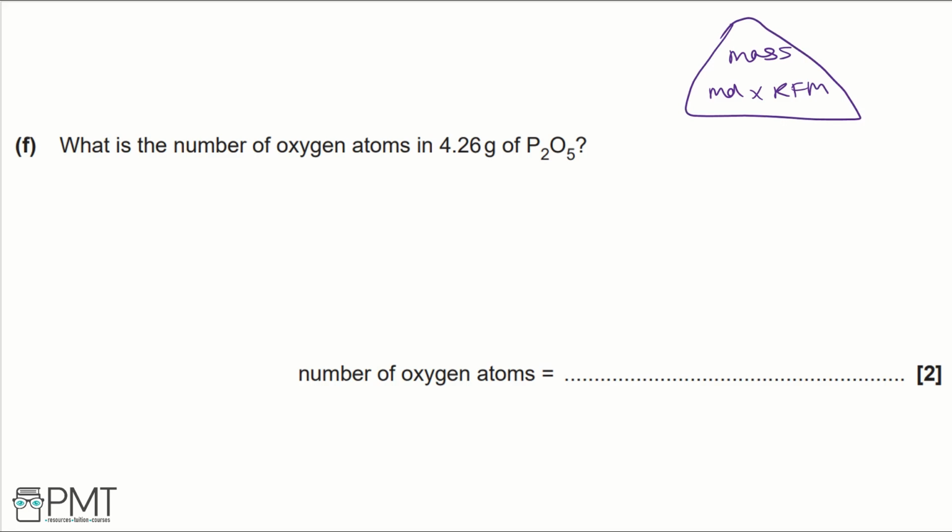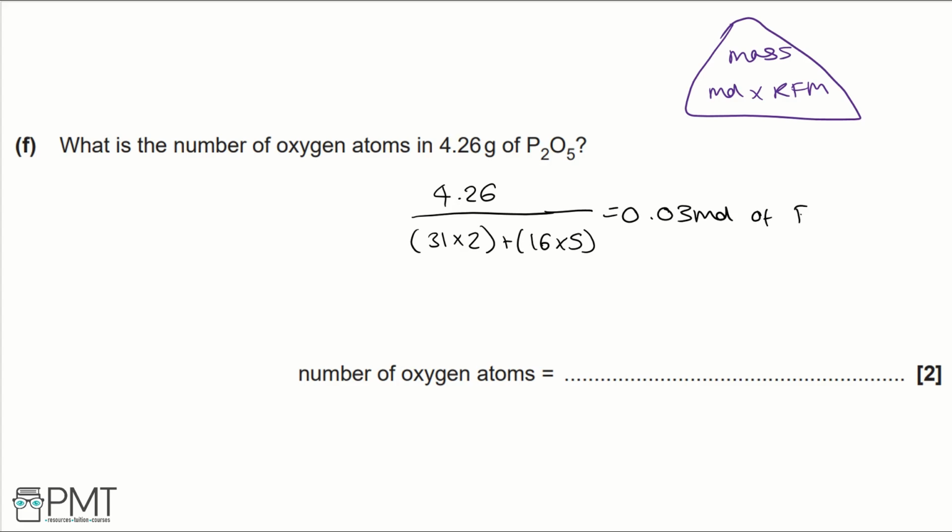That would be 4.26 divided by 31 times 2 plus 16 times 5. That gives us 0.03 moles of P2O5. So we've used the mass of P2O5 and worked out the relative formula mass to work out the moles of P2O5.